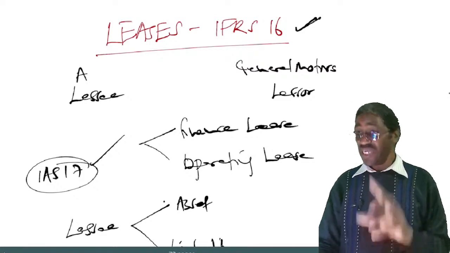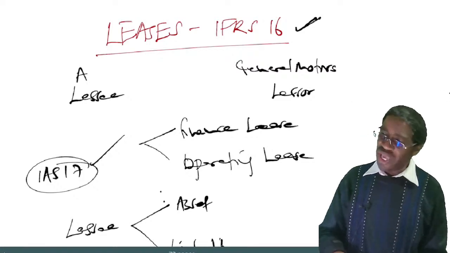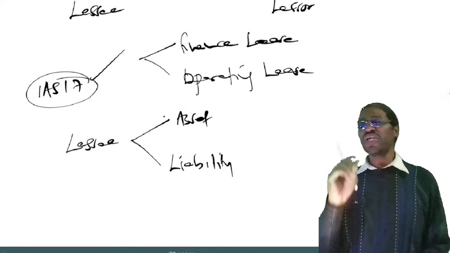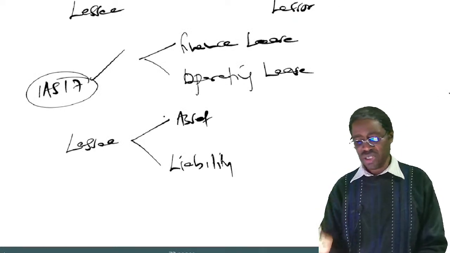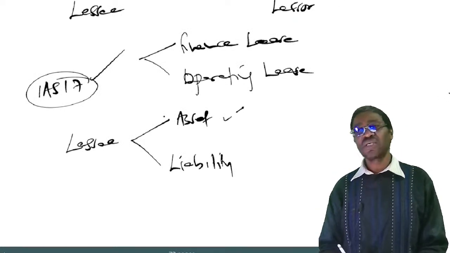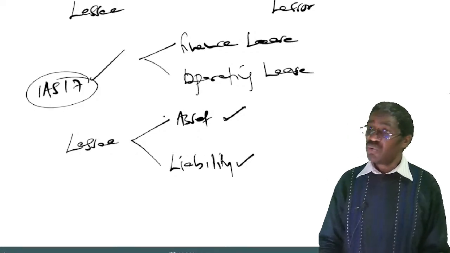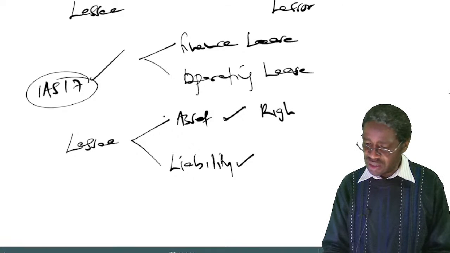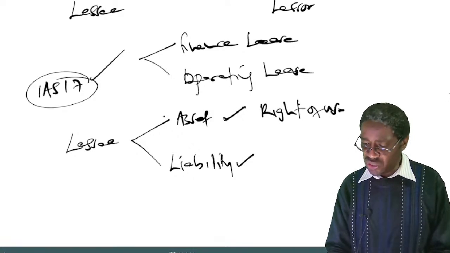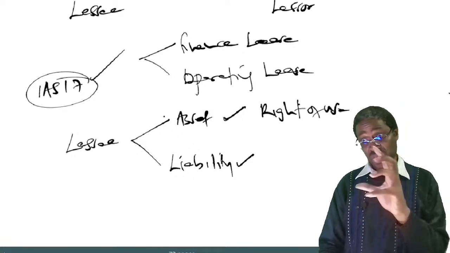Instead, it requires the lessee to recognize that lease contract both as an asset and as a liability. An asset because you have the right of use for that asset.